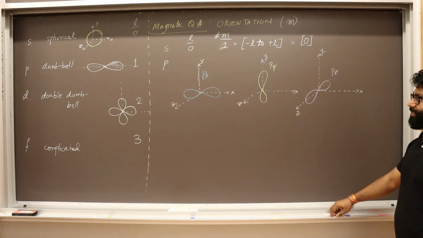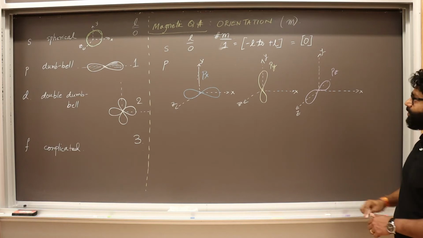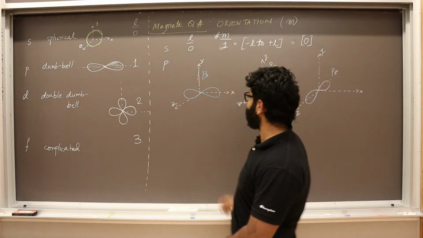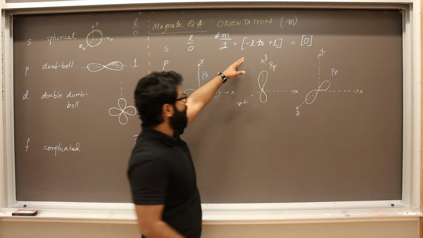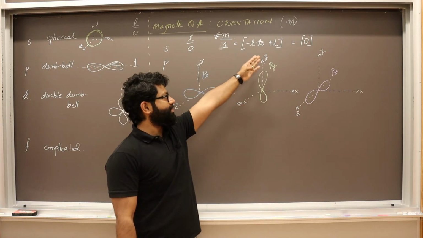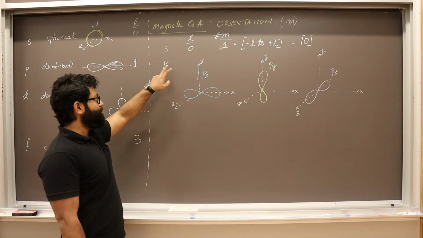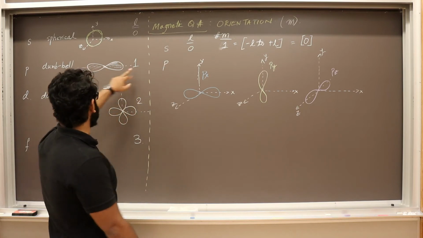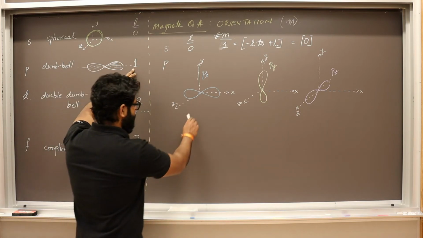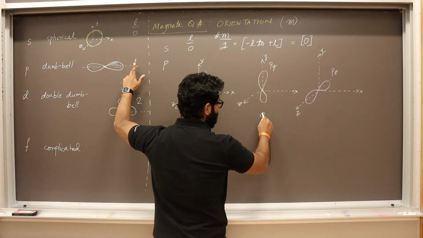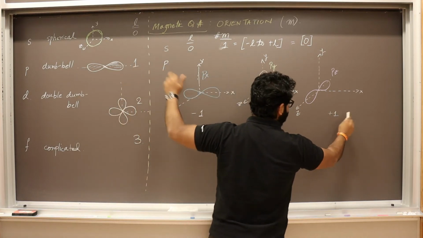Okay, so how many orientations were possible? There were 3 orientations possible. So, the number of orientations was 3, and which will go from minus L to plus L. So, what was the L of P? The L of P is 1. So, this will go from minus 1 to plus 1.